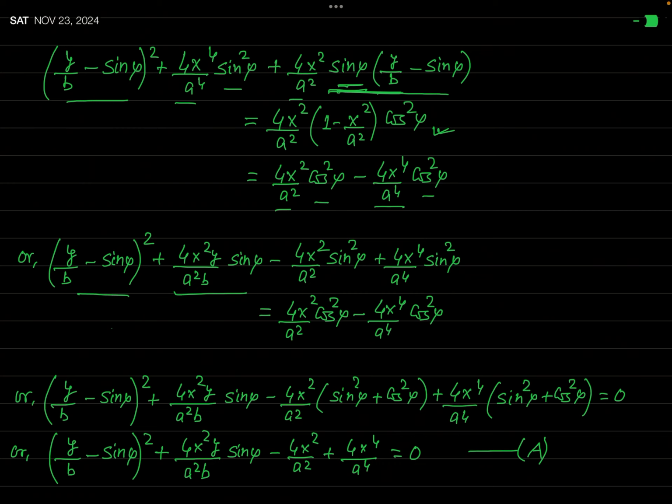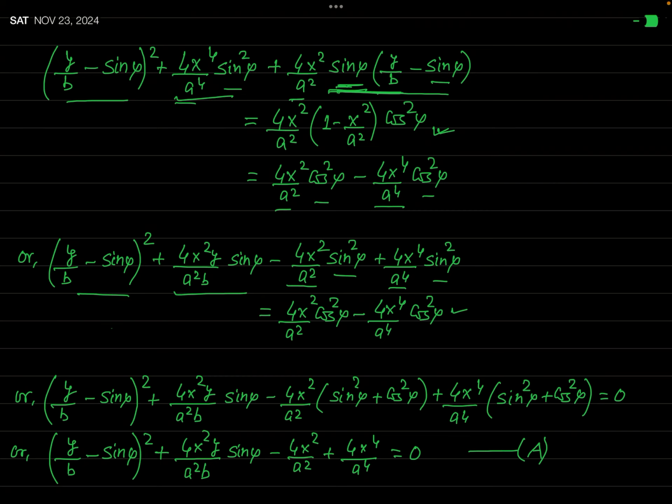And when you multiply the factor 4x square over a square times sine phi to this sine phi, your term will be minus 4x square over a square times sine square phi. And then I have written the second term here, 4x4 over a4 times sine square phi, and the RHS is as it is.